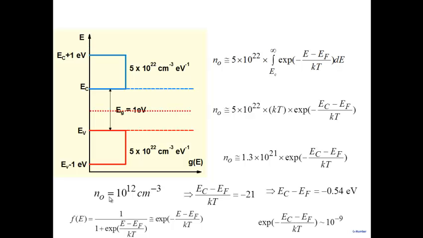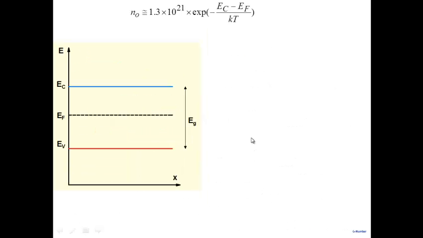All right. So this is the picture that we have then. N0 is 1.3 into 10 power 21 exponent minus EC minus EF by KT here. So that's the picture that we are building here.